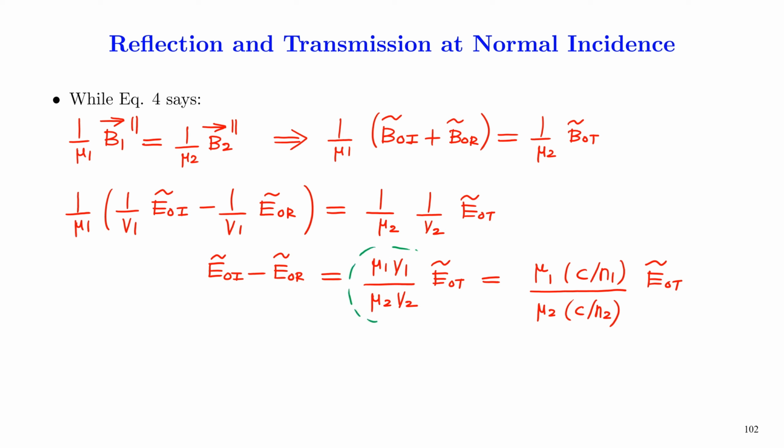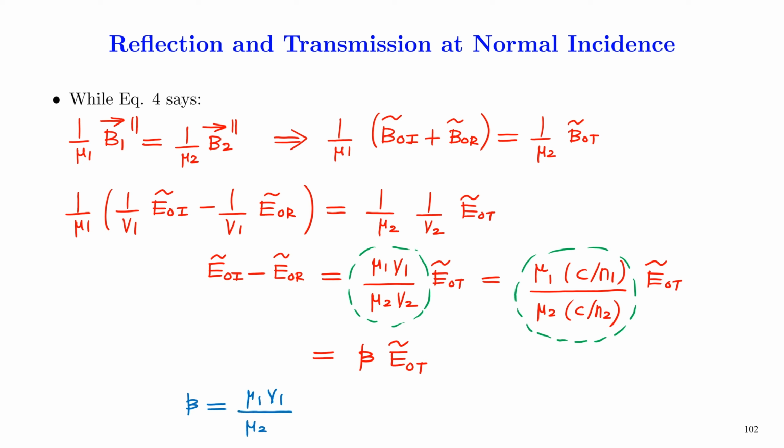Let's take these two terms as a constant beta. Therefore, this equation becomes beta times E_0T, where beta is equal to μ1 v1 over μ2 v2, and this is again equal to μ1 n2 divided by μ2 n1.